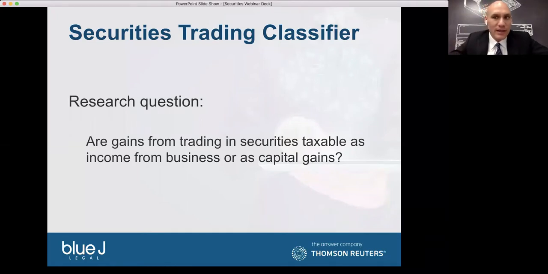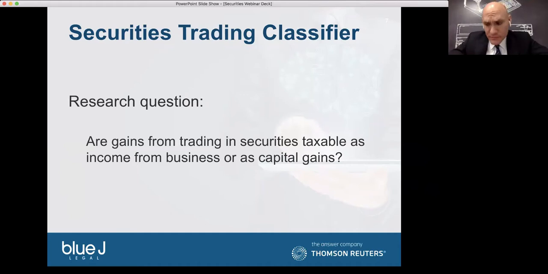But once you get beyond Canadian securities, that Canadian securities election doesn't apply. And there are other things that might cause that Canadian securities election not to apply to a particular taxpayer. So one is that it's not actually a Canadian security. So if it's a US stock, it won't apply there.